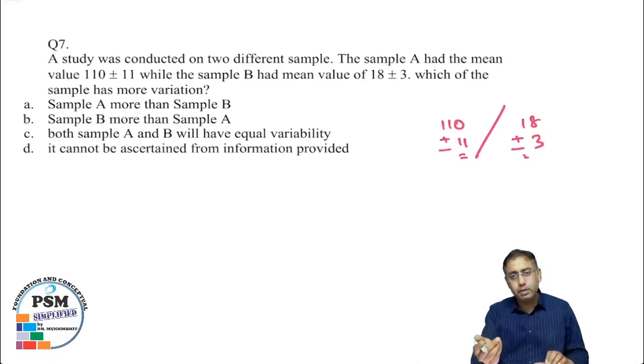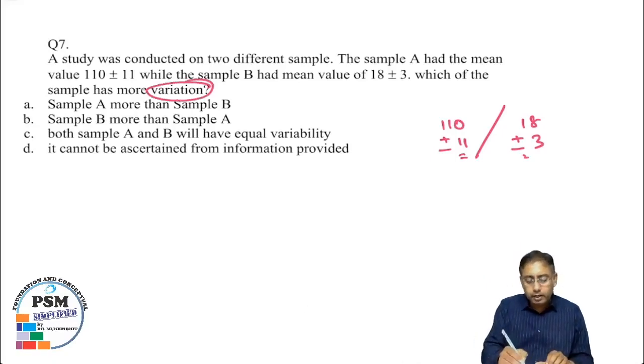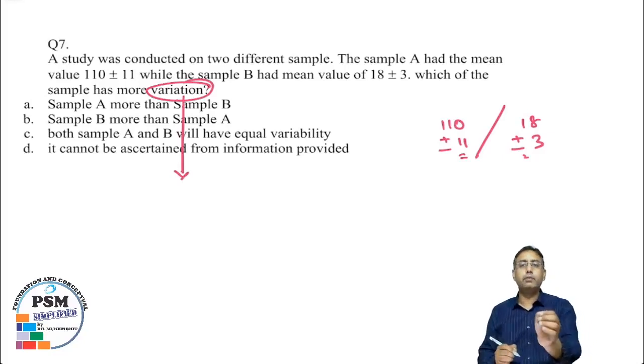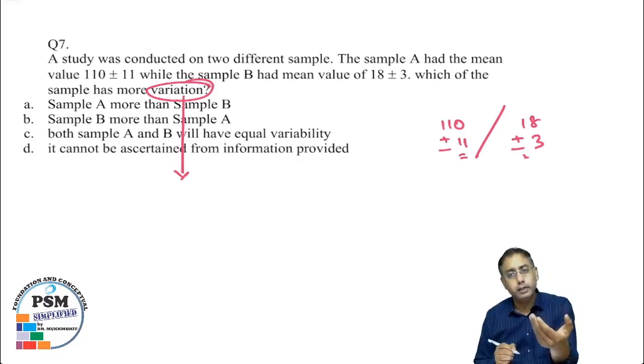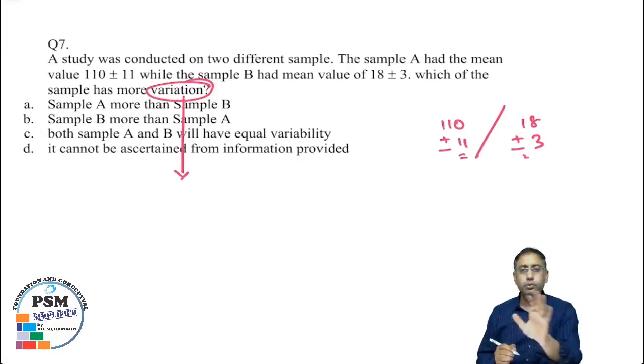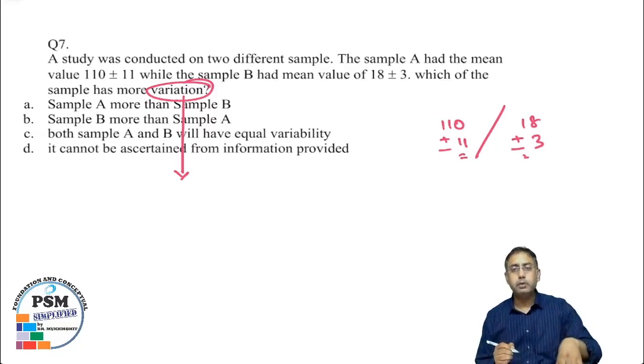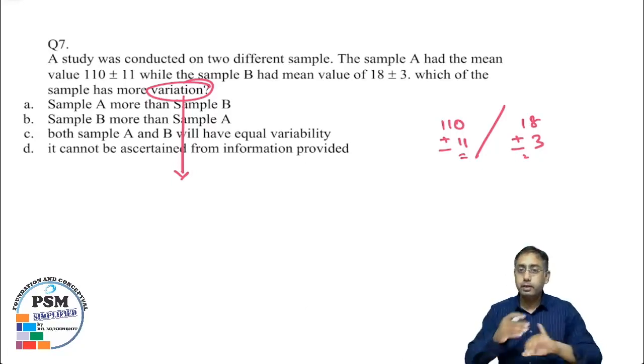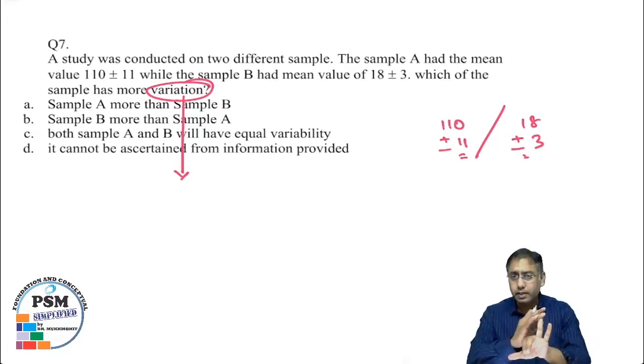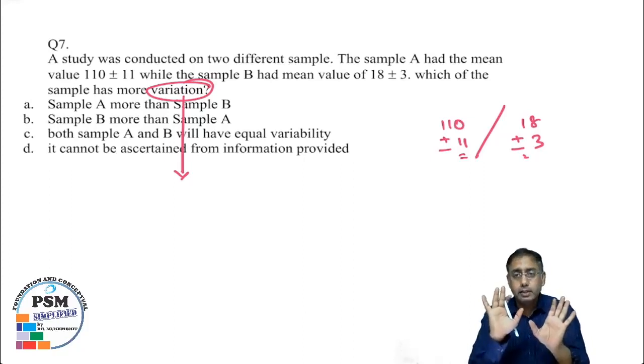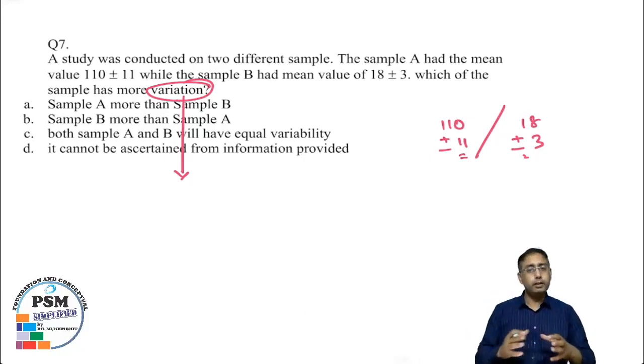This was a very simple question. You all have done it during your classes: whenever we talk of variation, we either calculate the coefficient of variation or the standard errors. You do not need to calculate the standard errors, because we calculate standard errors whenever there are p-values or confidence intervals, whenever we want to compare the data.